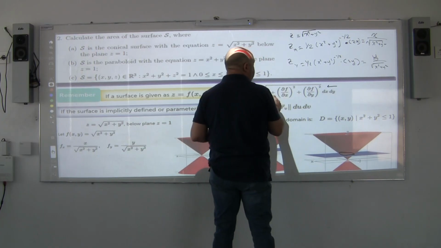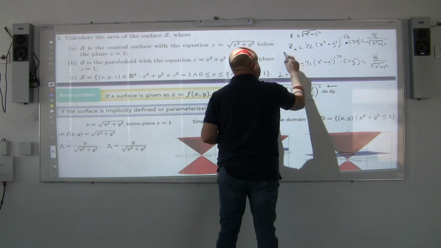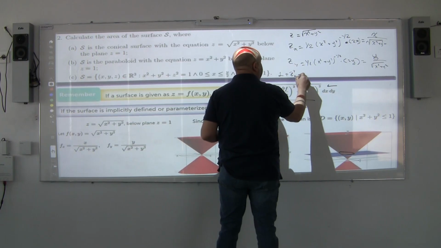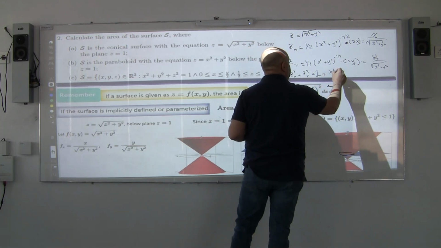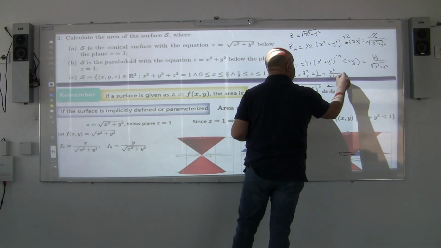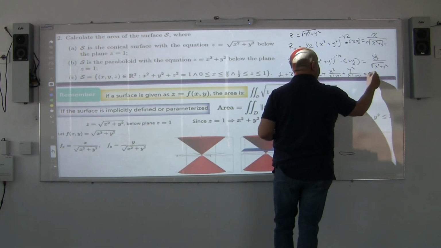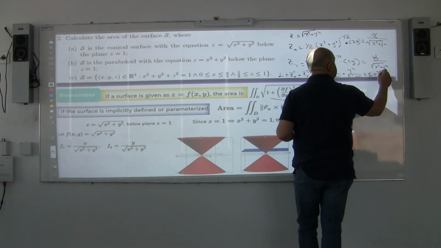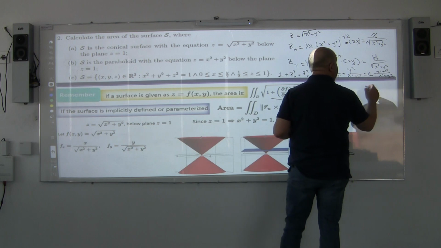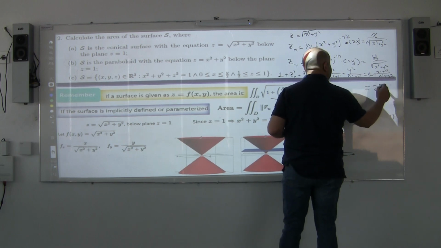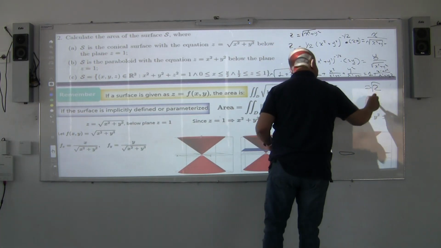If I'm trying to get this, which is 1 plus z_x to the power of 2 plus z_y to the power of 2, that will leave me with 1 plus x squared over x squared plus y squared plus y squared over x squared plus y squared, which is 1 plus x squared plus y squared over x squared plus y squared, which means 2. Under the square root, for these values, it means I will have root 2.